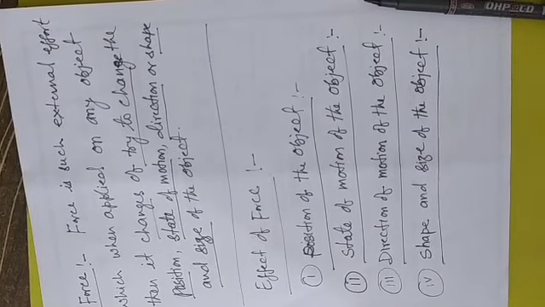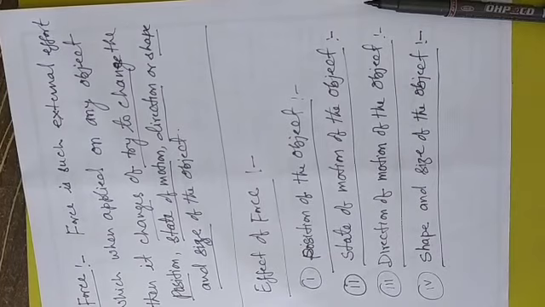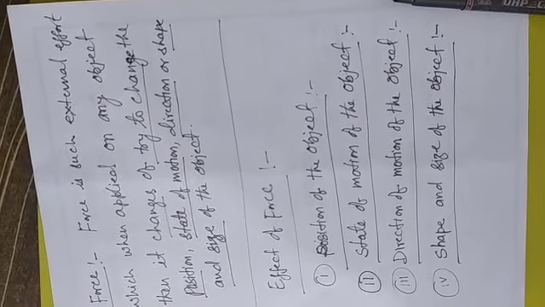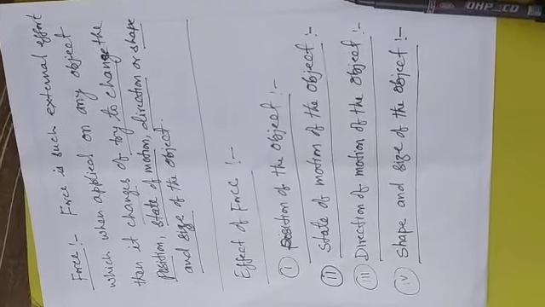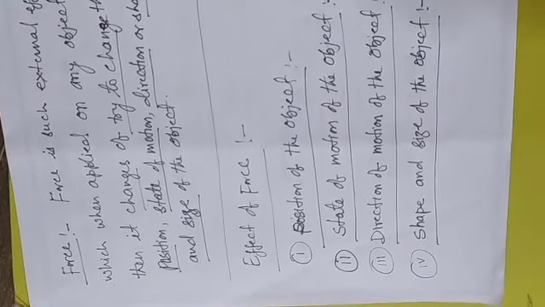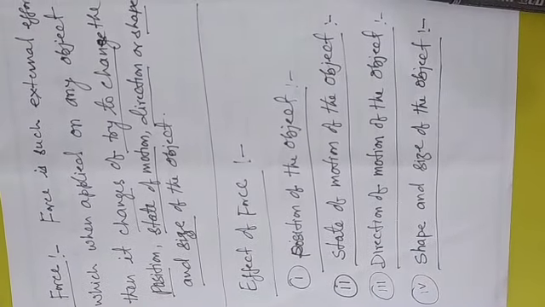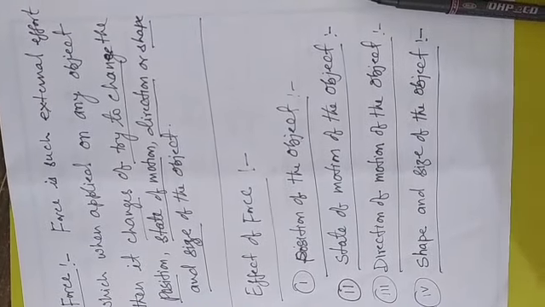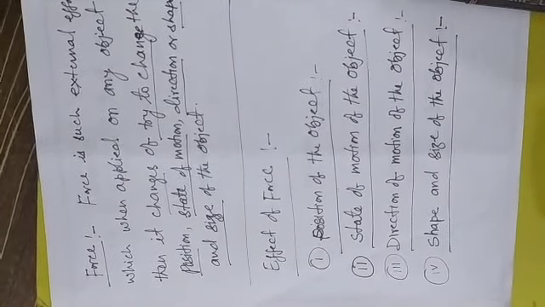But if a metallic wire is given to you, then it is not possible for you to change the size of that metallic wire. But someone can change the size of that metallic wire with the help of some machines or some other means.